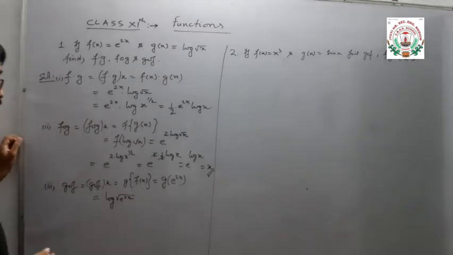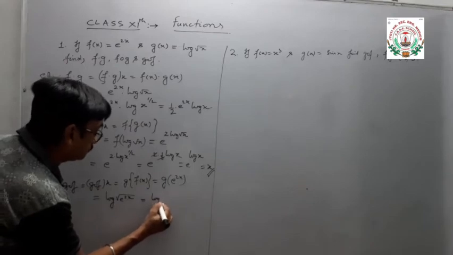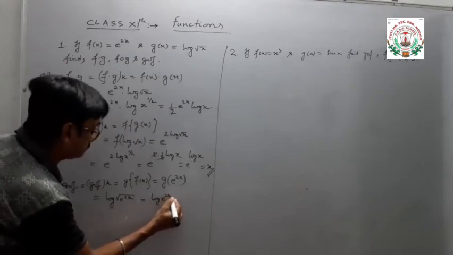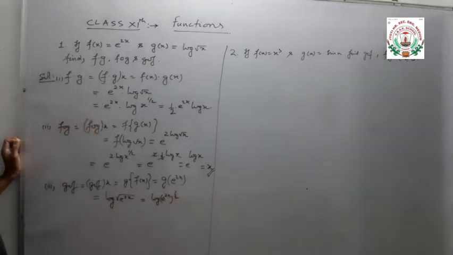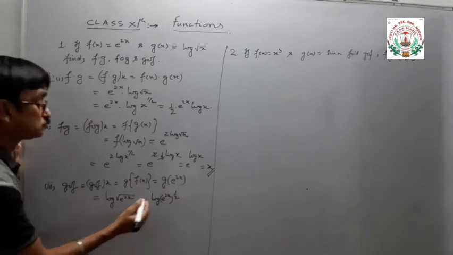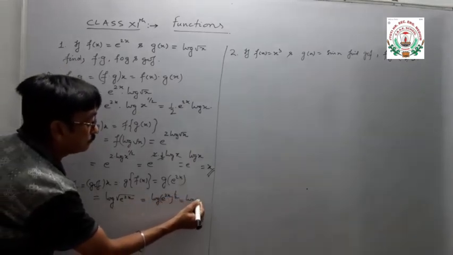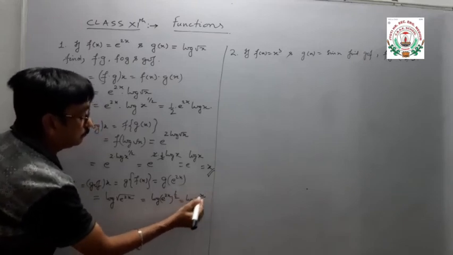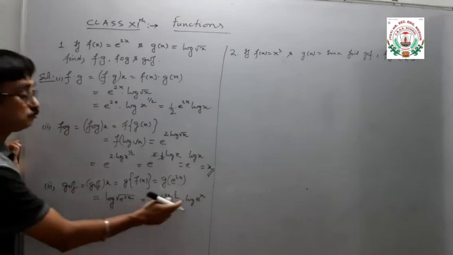Now it becomes log of e to the power 2x, whole to the power 1 by 2. So it becomes log e to the power x. These 2 and 2 cancel, 2x into 1 by 2, log e to the power x.